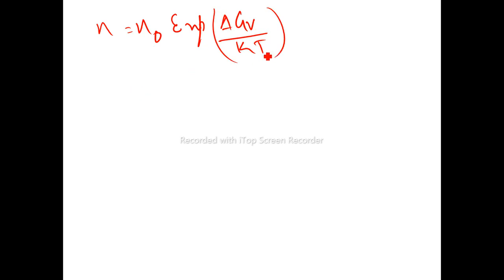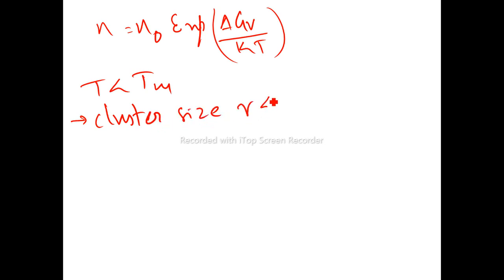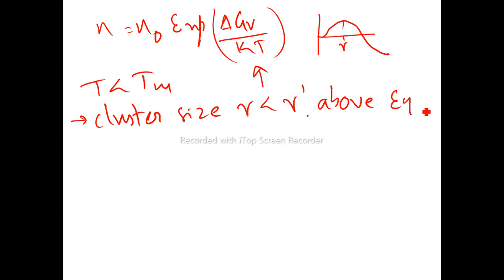Okay, if the temperature is less than Tm, then the cluster size R should be less than the critical radius of nucleation, according to this graph, right? Then only this above equation is valid.